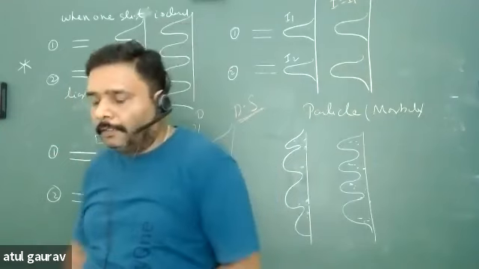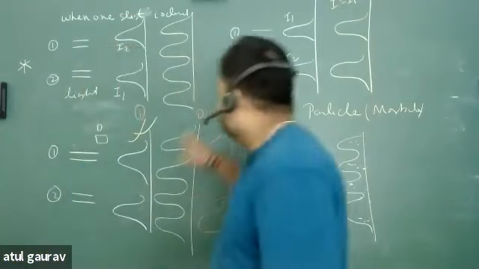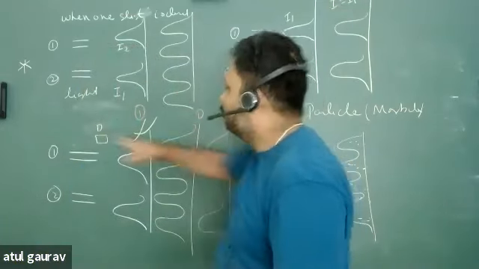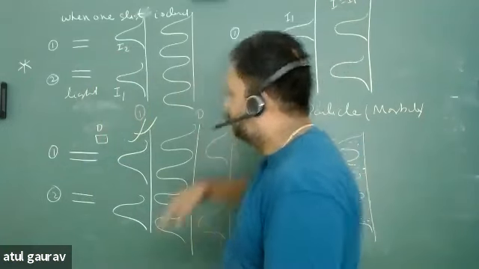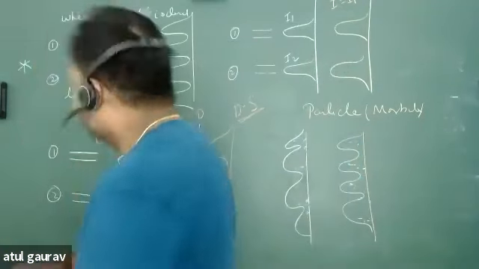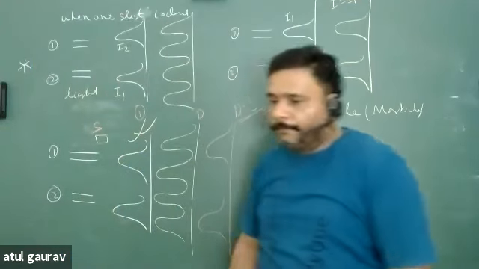Sir, what about the third one? When you are using the detector, what about the third one? Detector with the spy means this is the double slit. This is for the double slit, D for the double slit, and let us write it as spy.